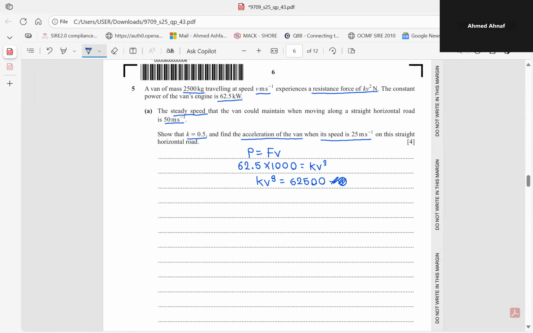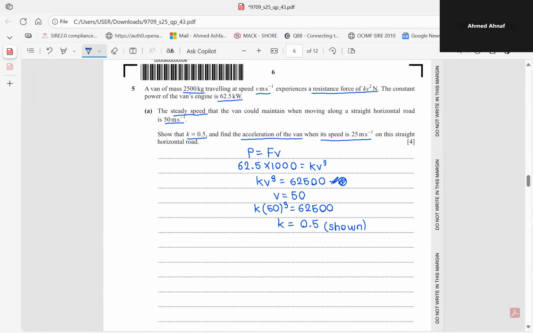So we just substitute v equals 50, and then k times 50 cubed equals 62,500. Just type it into a calculator: 62,500 divided by 50 cubed. You will get 0.5. So we have shown this result.